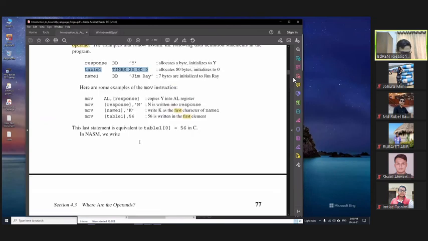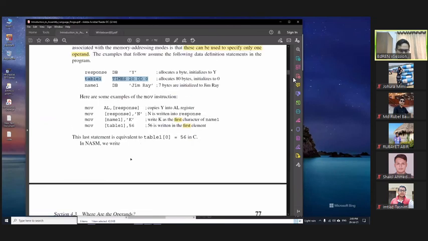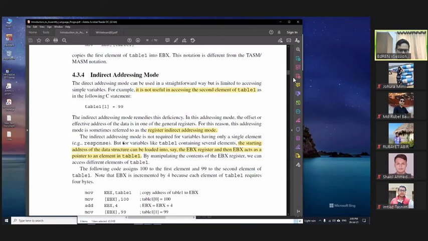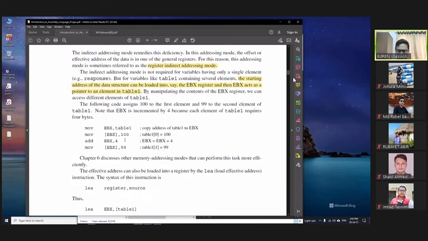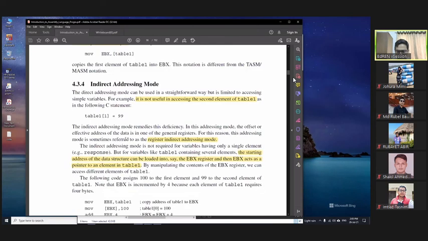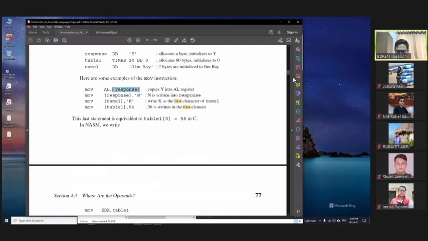Look, a very simple way. Another thing to remember: whenever we move an address, we don't use any square brackets.